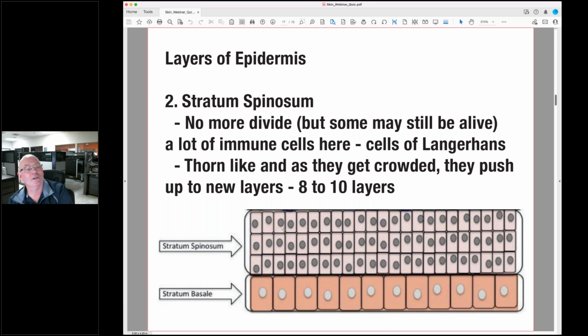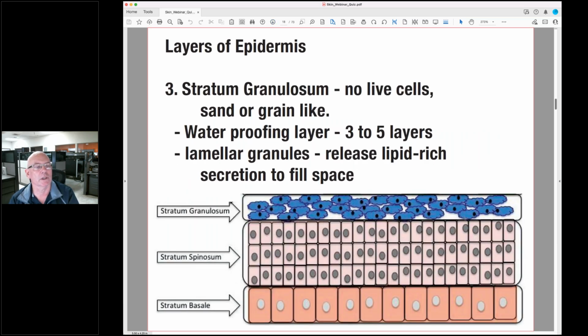All right, so now you can see where you have a nice uniform layer for stratum basale, and then moving up, it's still pretty uniform, but a little bit more jumbled. The next one, oh, we're getting messy here, all right?